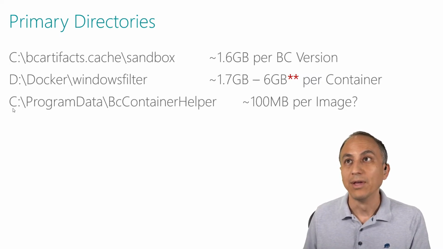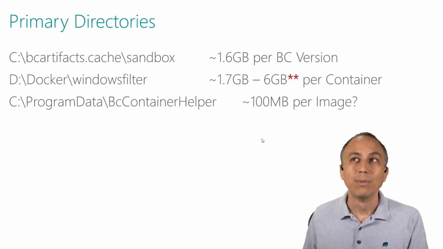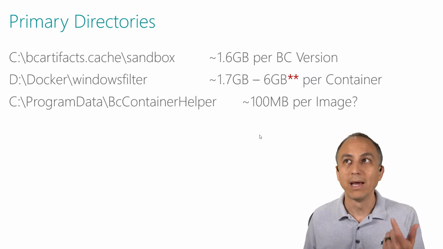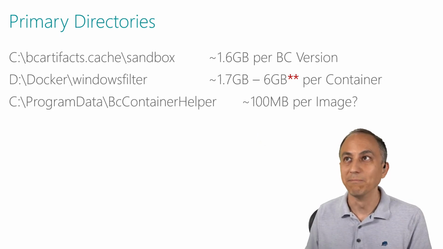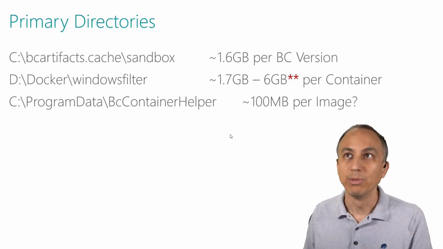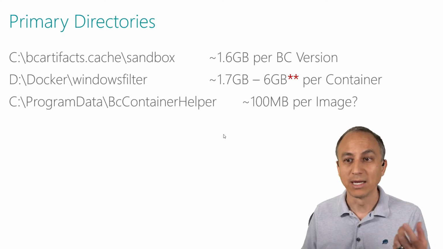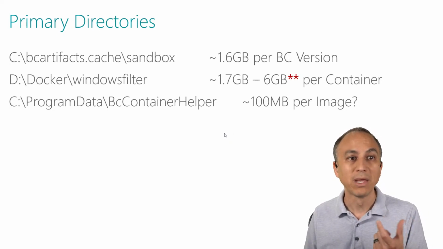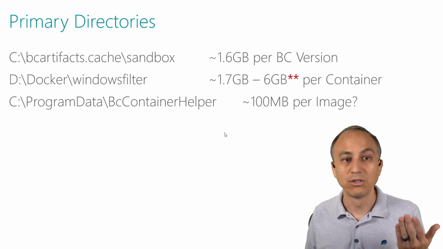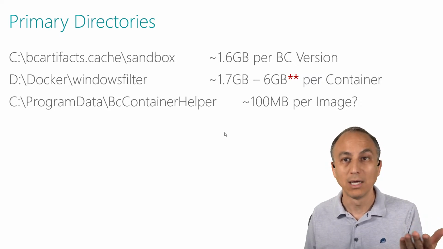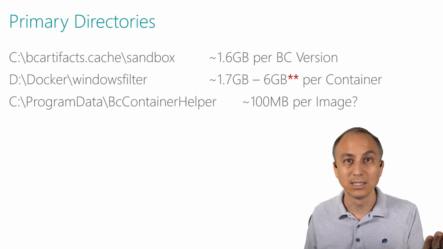Then there are some files in C program data BC container helper, but that looks like that's only about 100 megabytes per image, and I think those are app extensions or something like that. So that's not too big of a deal, but over time, I suspect those will build up. So anyway, that's a rundown on disk usage for BC Container Helper and BC Docker containers.